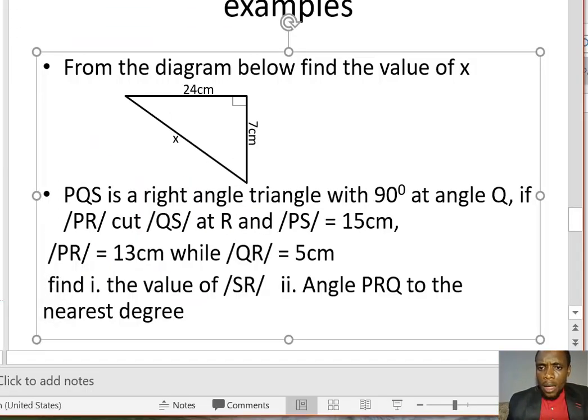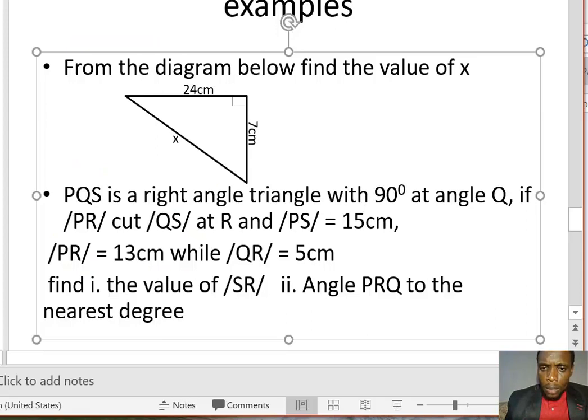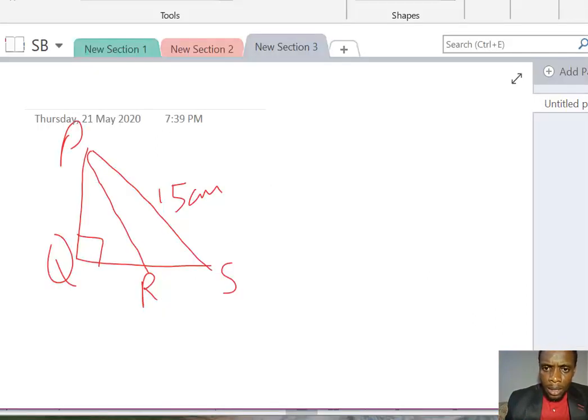Now let's go back to the question. If PS is 15 centimeters, PS, this line, is 15 centimeters. Then also PR is 13 centimeters. Here PR, this line, is 13 centimeters.